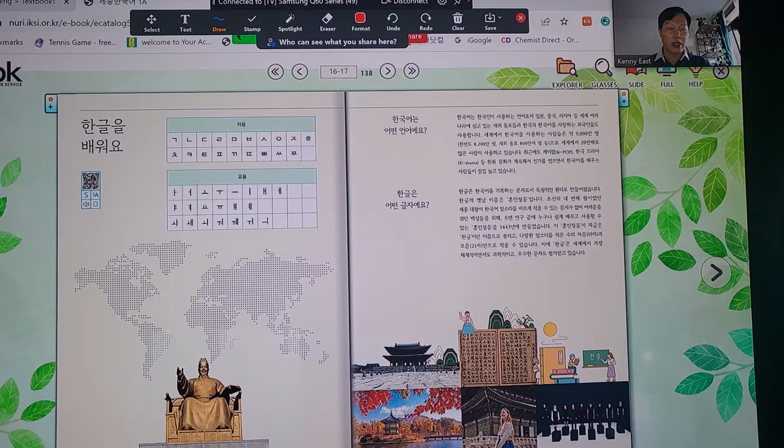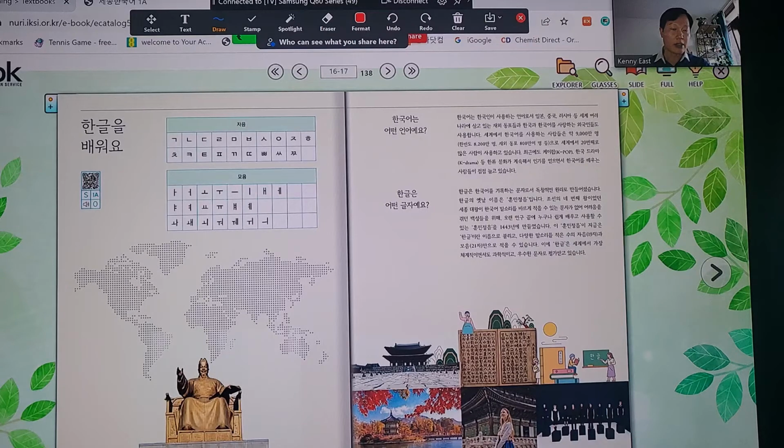Learning Korean as a foreign language is not easy, especially if you come from a different history and cultural background. But compared to Chinese or Japanese, I think Korean is a more logical language to learn from the beginning, as long as you learn it the right way, systematically.